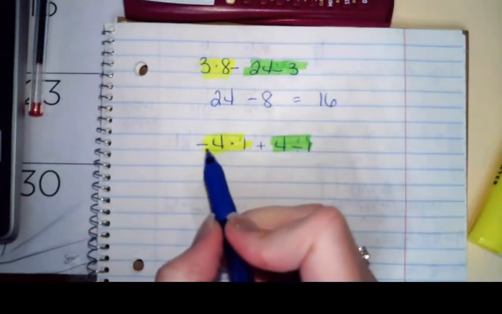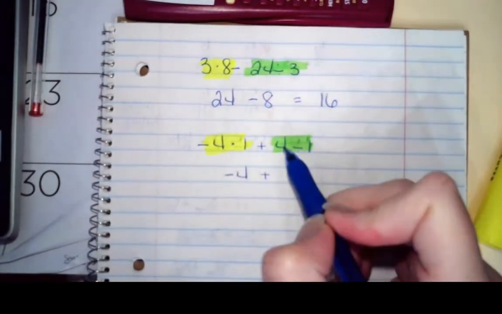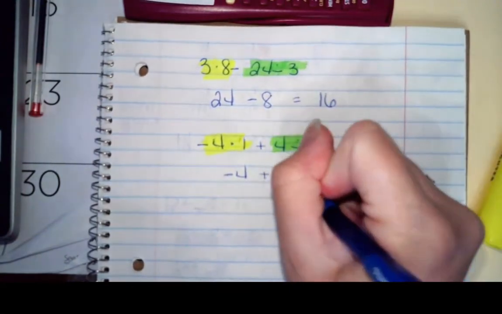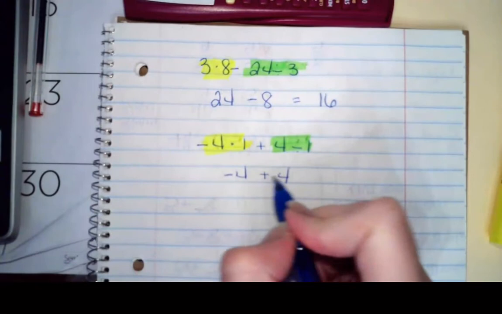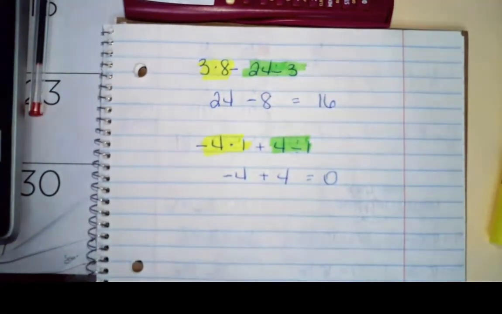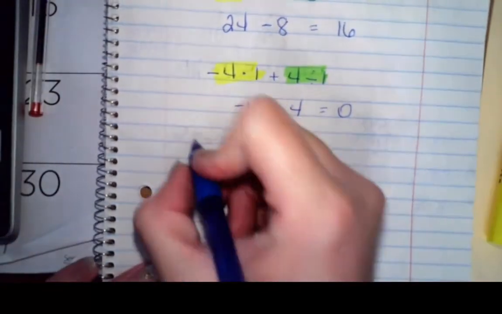It doesn't change anything. So negative 4 times 1 gives me a negative 4 plus 4 divided by 1. Well, 4 divided by 1 is 4, so I get a negative 4 plus 4, and so that ends up being 0. In a second, we're going to explore some with 0 and talk about undefined and 0 answers, but for right now, we're just going to keep practicing.